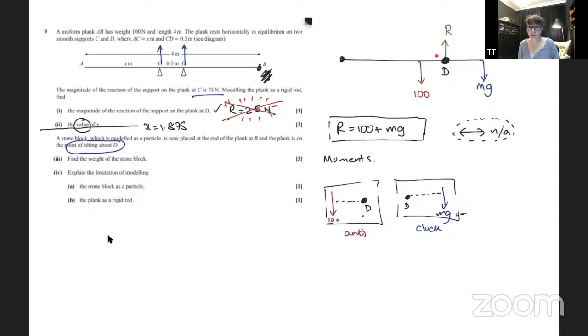0.375. How did you get that, Shania? How do you find that distance there? Two minus x, and then 0.5 minus the answer.